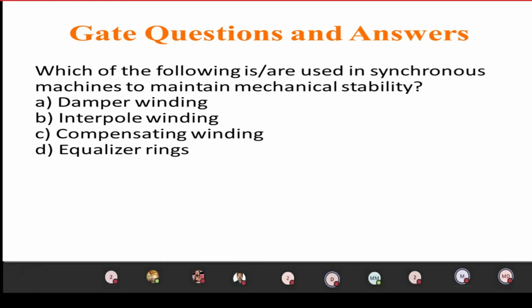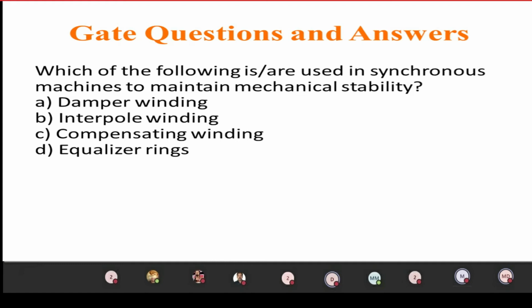They did not mention the machine types, but we know there are two different alternators: the turbo alternator, that is the non-salient pole alternator, and the salient pole alternator.